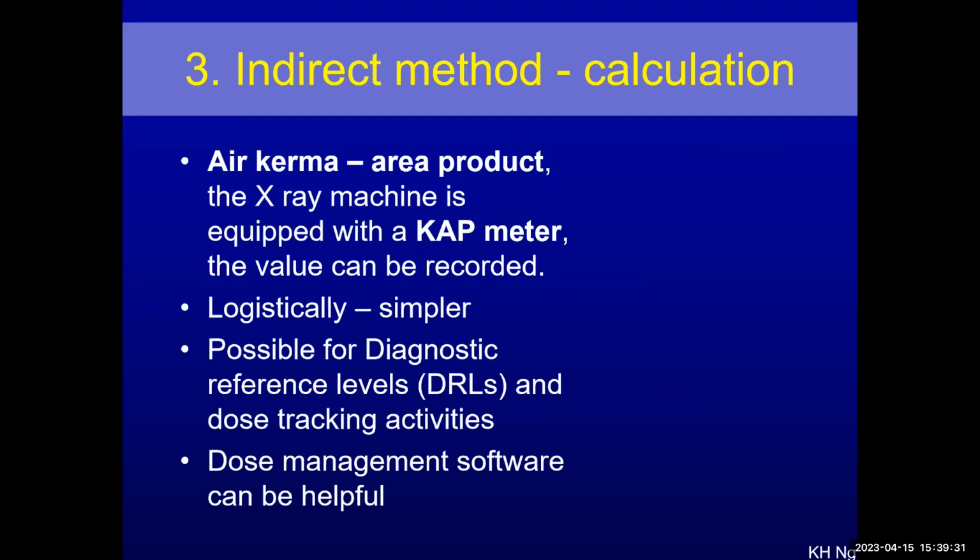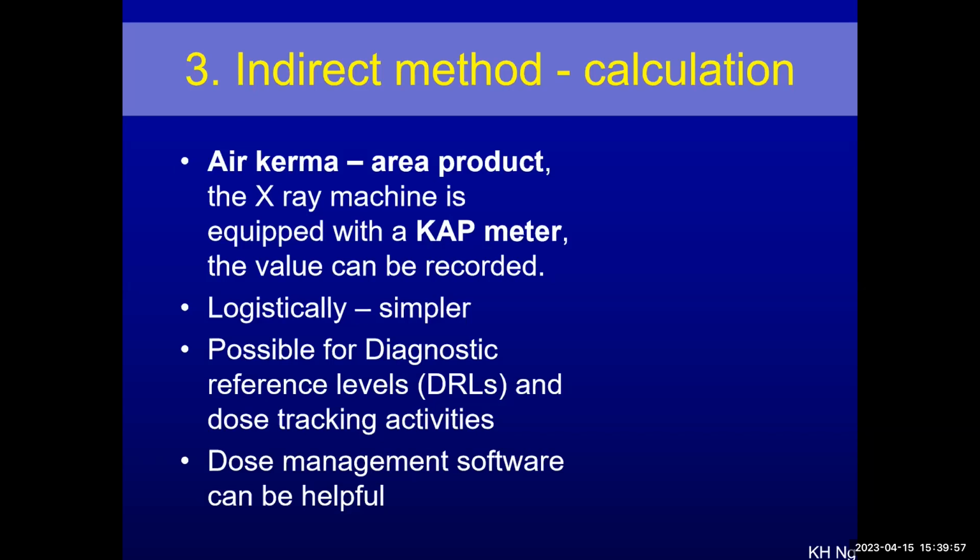The other one is the indirect method. We have seen earlier, right? We have the CAP meter or the dose area product meter. Many of the modern digital radiography equipment have this. Later I will show you a screenshot. It gives you the CAP reading, and this can transfer to some of this dose tracking software.